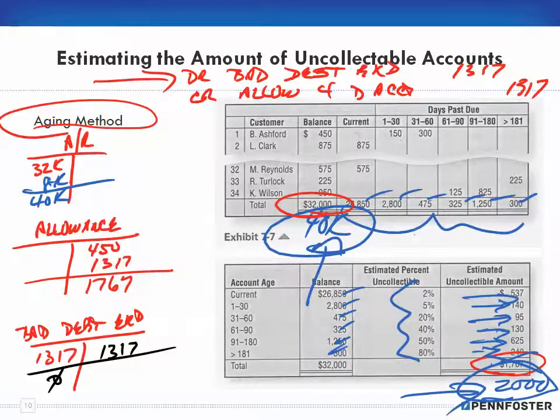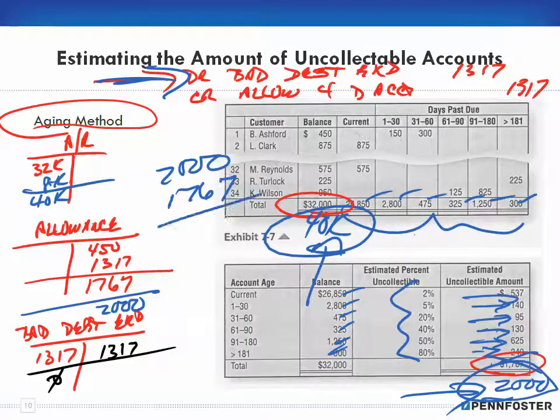Okay, now you have to make your journal entry right here. You have a balance in your allowance account of 1767. You want that balance to be 2,000, so you take the difference between the two. 2,000 less 1767 is $233.